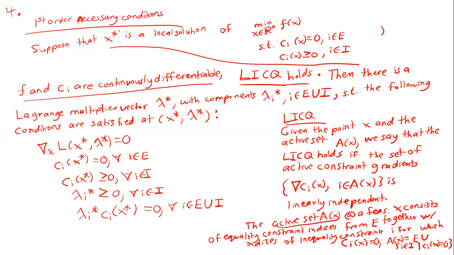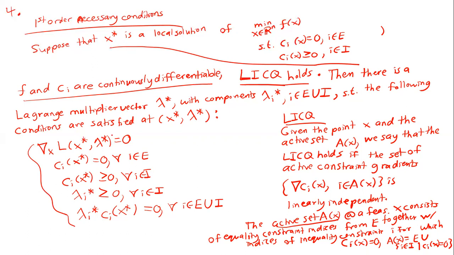And just as a reminder, why we would care about these things is, say for example, that x star is a local solution, then I want to be able to write out what are the things that are going to hold when I reach x star. I want to be able to say these things are going to hold for my optimization problem at x star.